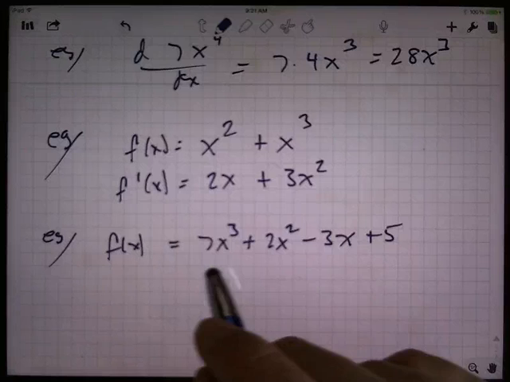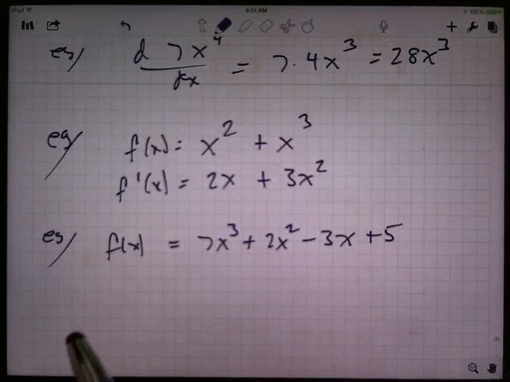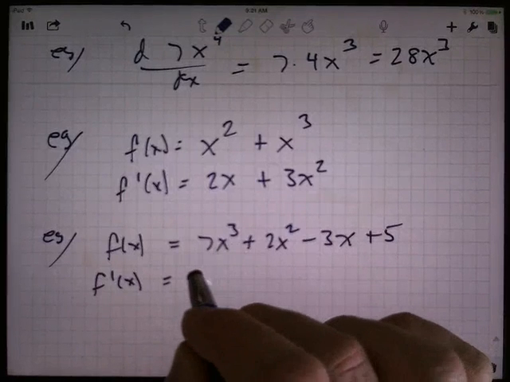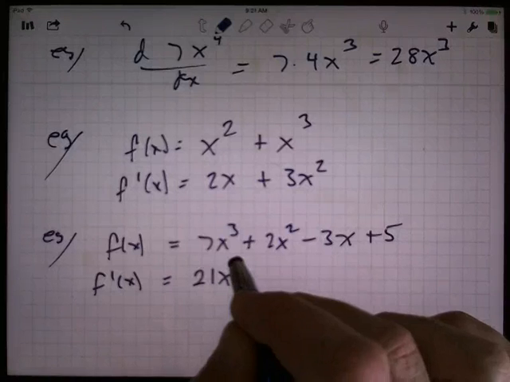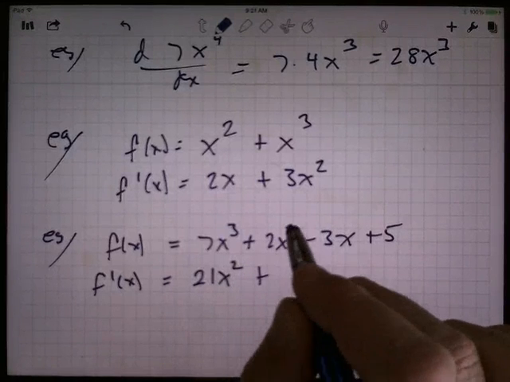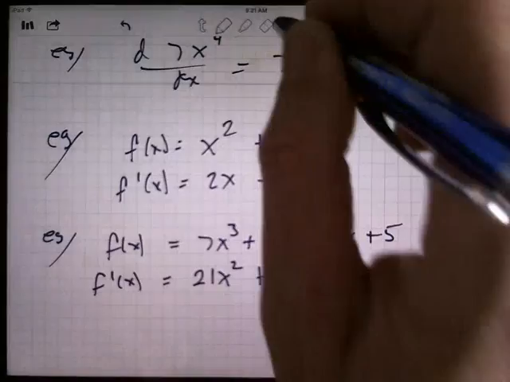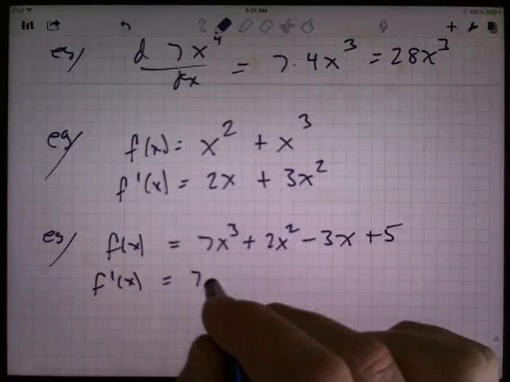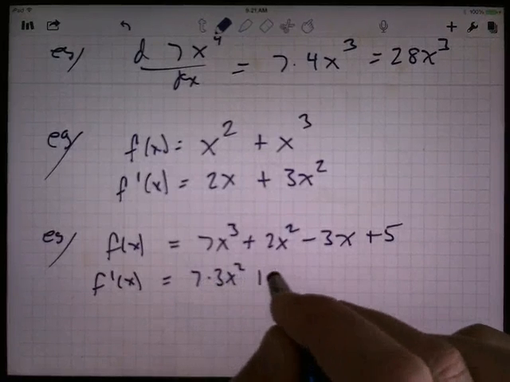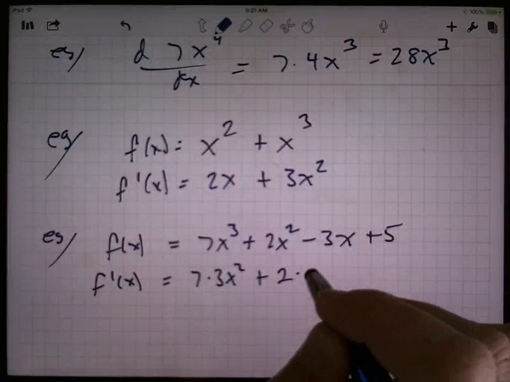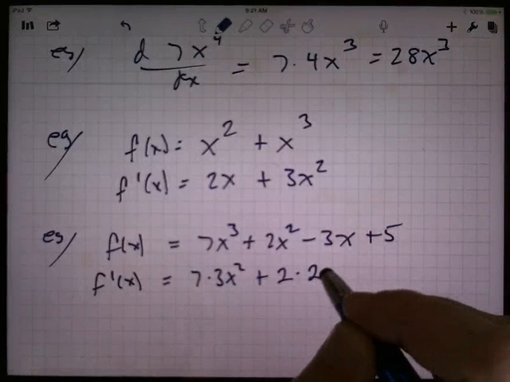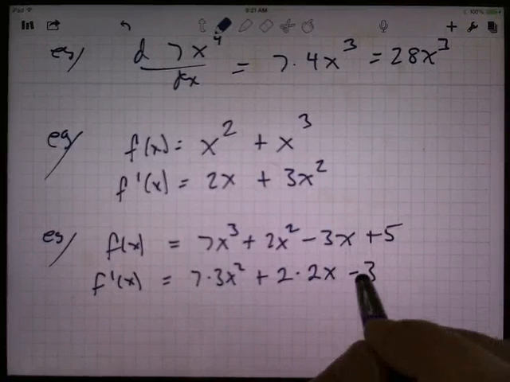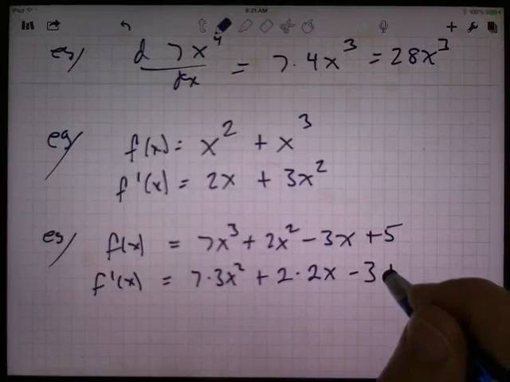I'm going to be a little careful here with this minus sign, although later I don't need to be quite so careful. But f prime of x says this should be the derivative of the first one here, 21x squared, plus the derivative of the second part here. Actually, I'm going to write an extra step down here. Let's write this as 7 times 3x squared, and this is 2 times 2x, and this is minus 3. The derivative of negative 3x is minus 3, and then there's a plus 0.